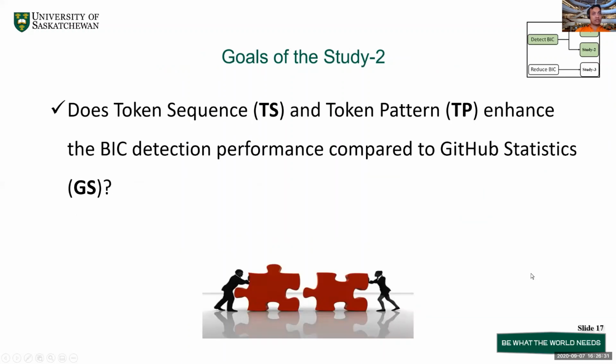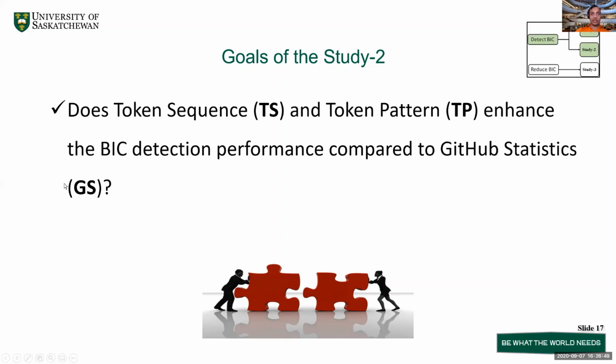So the goal in this study was to determine whether those token sequence and token pattern based features contribute to detecting those bug inducing commits, along with the GitHub features or independently.